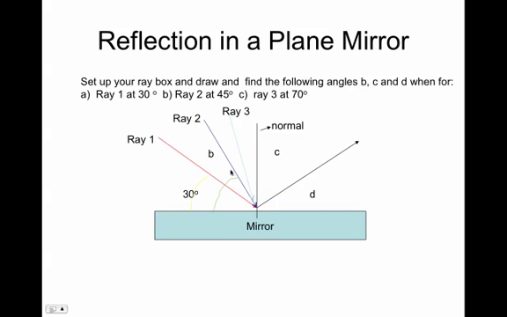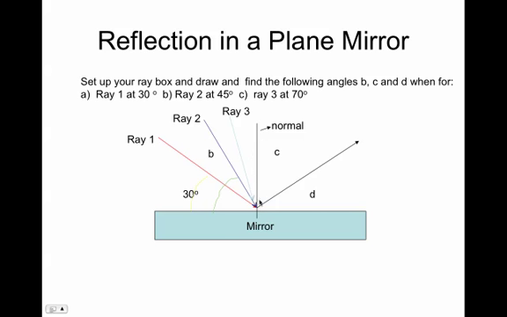Now there's important terminology, and one important term when it comes to light has to do with this virtual line, this imaginary line. It's called the normal line. And the normal line is always a 90-degree line to the plane of the surface. So here's where the light beam's going to hit.